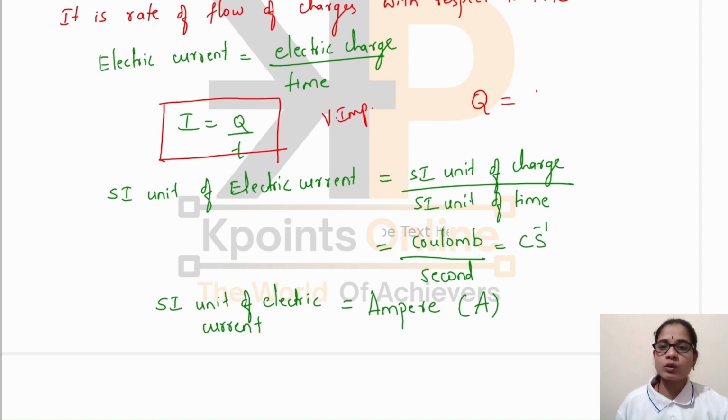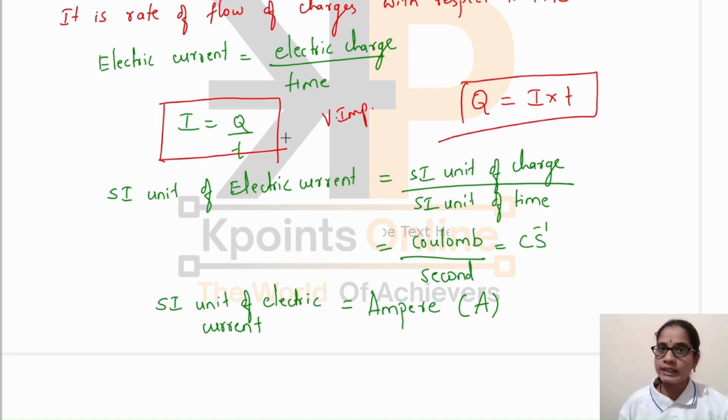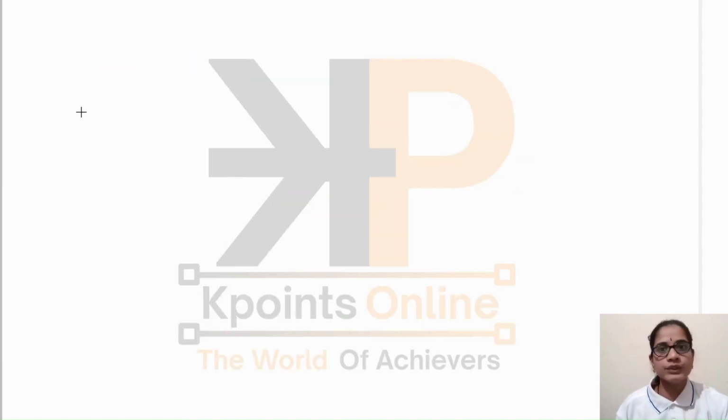Q is equal to I into T. Sometimes charge may be given and you are asked to calculate the electric current. And sometimes electric current may be given and you are asked to calculate the charge. So you have to remember this formula. Now we know that SI unit of electric current is ampere.